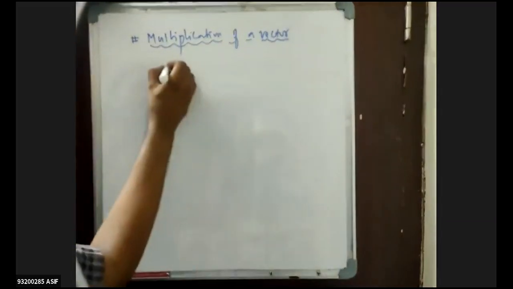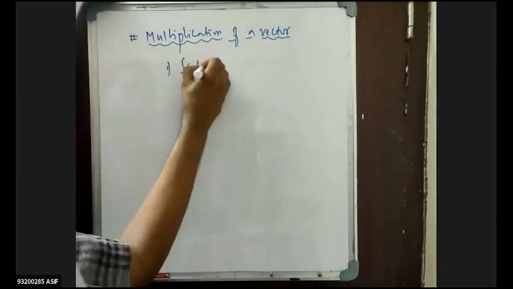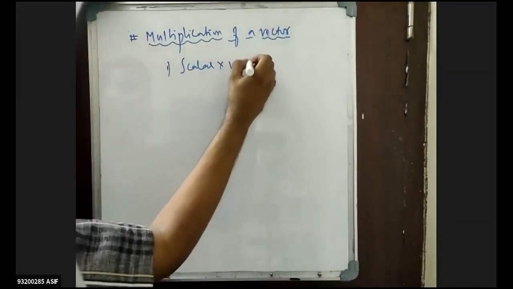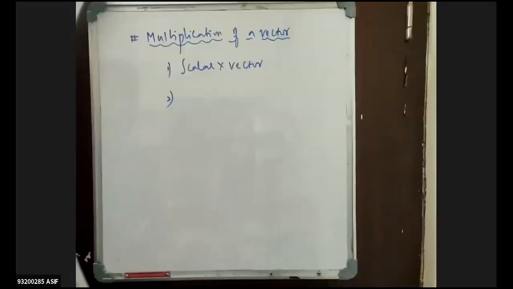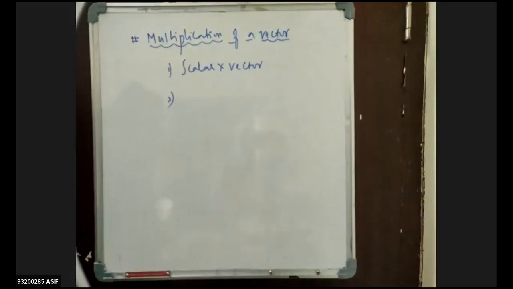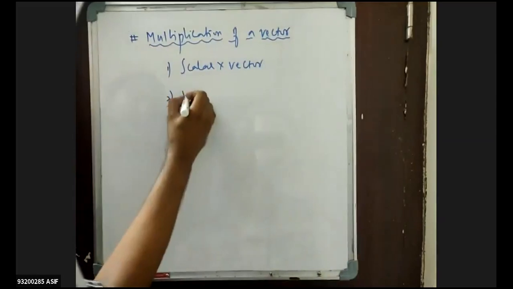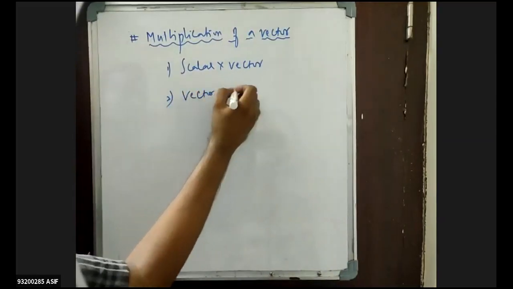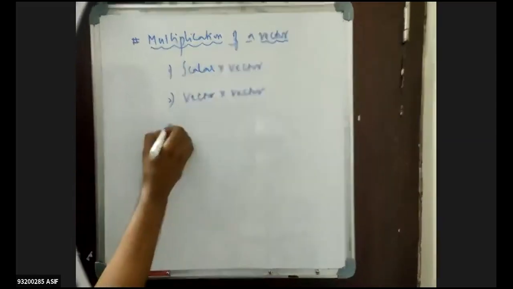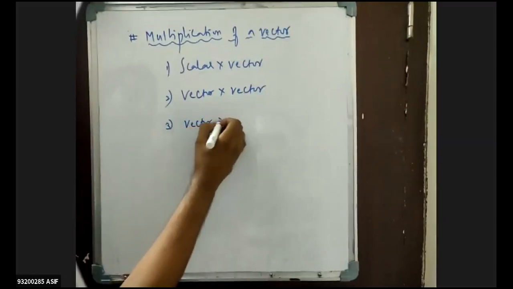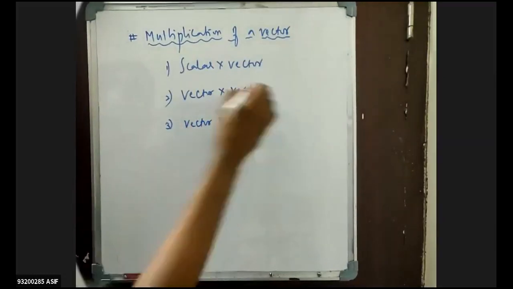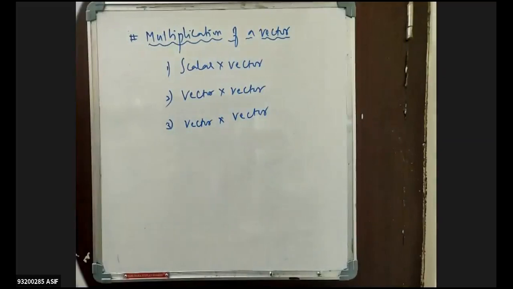Number one, when a scalar is multiplied with a vector. Second one is when a vector is multiplied with a vector. And third one is also a vector multiplied with a vector. These are the 3 types of multiplications, beta.